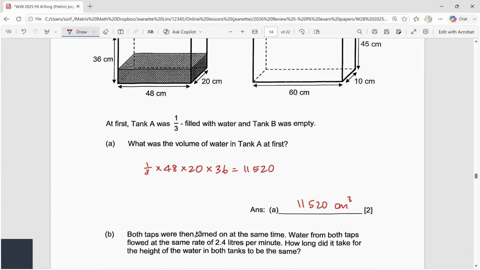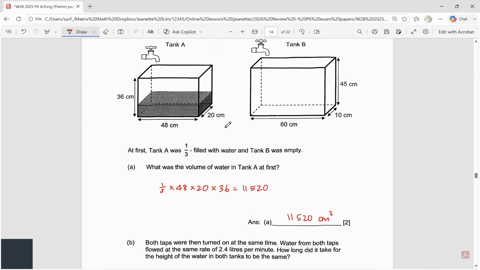For part B, both taps were then turned on at the same time. Water from both taps flowed at a rate of 2.4 liters per minute. How long did it take for the height of water in both tanks to be the same? Okay, so A already had some water, and how long will it take for both of the water levels to be the same?